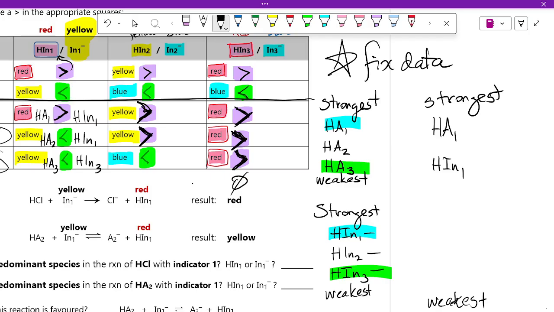Now at the very, very bottom, who is the weakest? Is it HIN3 or HA3? HIN3 is weaker than HA3. So HIN3 is going to go at the bottom.